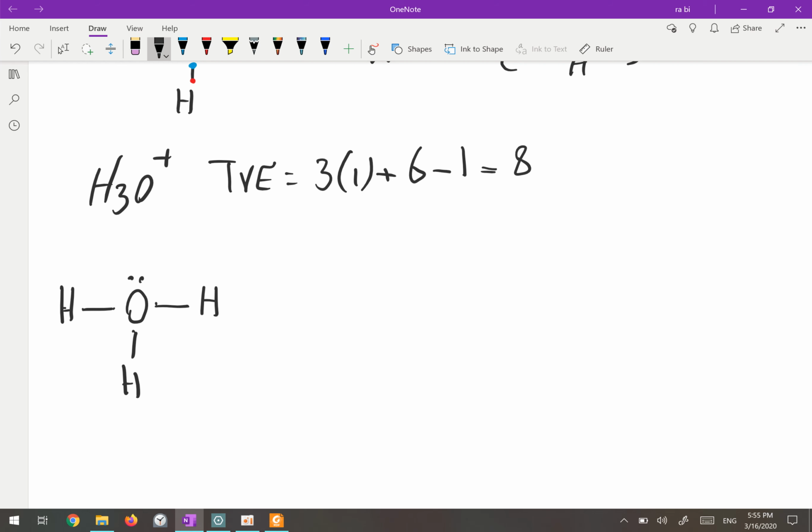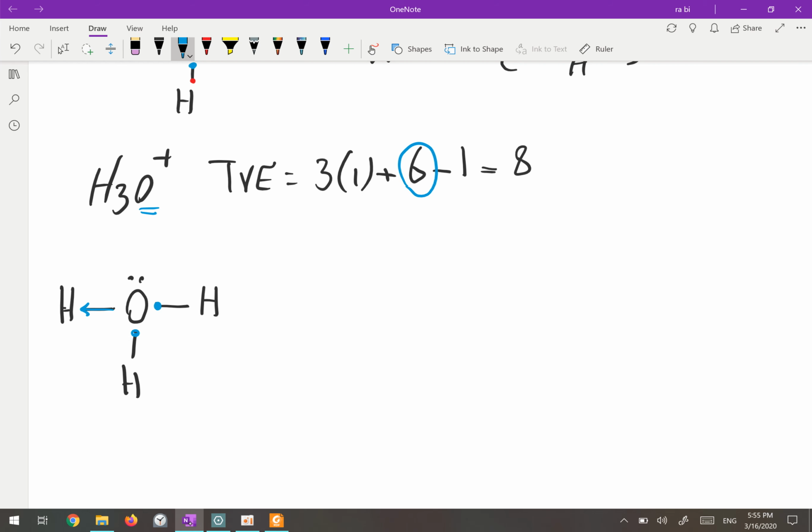But which of these bonds are coordinate? At least one of them is coordinate. How do we know which one, or if a coordinate bond is available or not? The central atom is oxygen. The oxygen has 6 valence electrons, so it needs to share only 2 electrons to become an octet. So 1 electron is shared here, the other one is shared here, which means the other one is the coordinate.